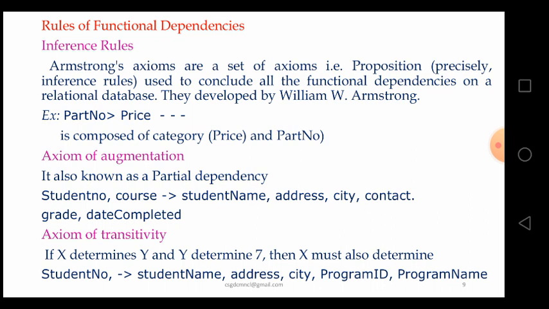This is an example of the axiom of transitivity. In that, X determines Y and Y determines Z, then X must also determine Z.